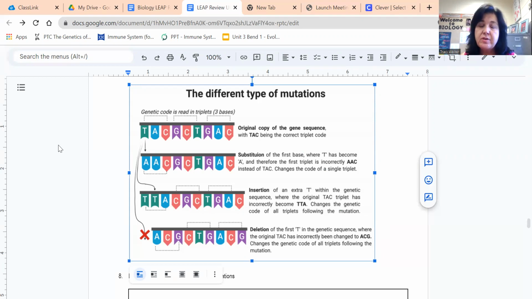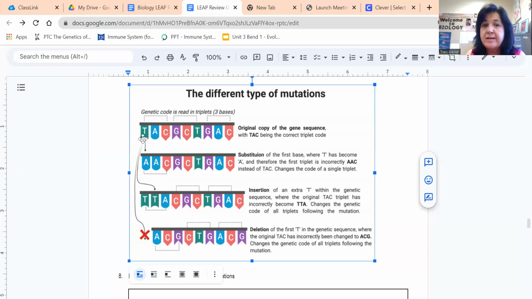So there are 3 basic types of mutations that can occur, and we'll talk about what causes mutations in a minute. But first, let's just look at what happens with the 3 different types of mutations. So you'll see right here at the top, we have the original copy of a gene sequence. So what this is showing us is the DNA sequence for one particular gene.